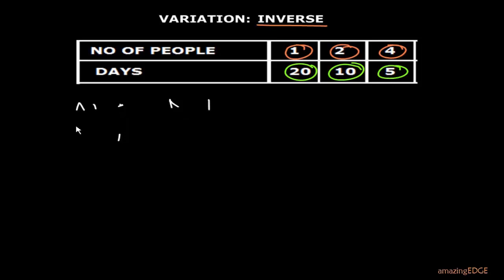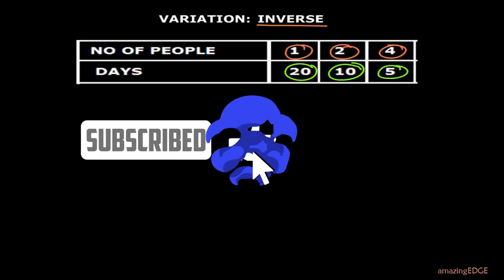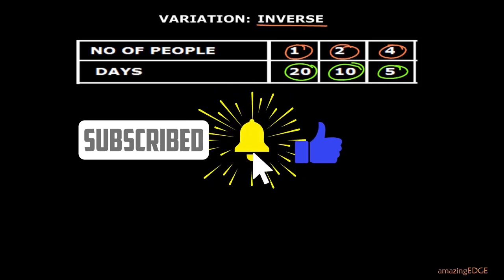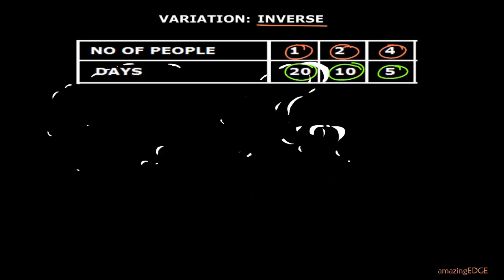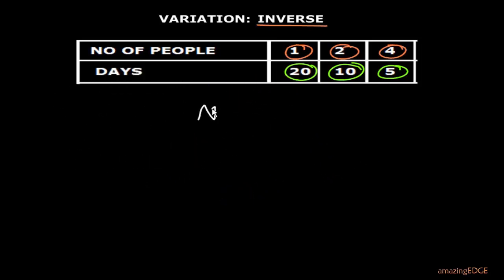Then something has to be constant for that kind of variation to work. What will be constant? The number of people times the days it will take them to do the job will be constant. What do I mean? Here you have the number of people as 1 times the number of days, which is 20.